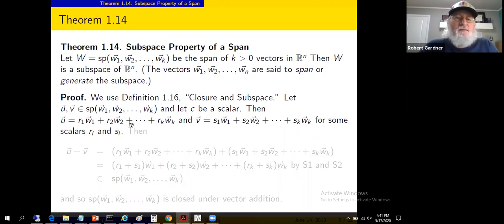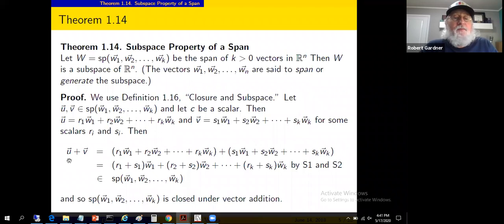Now we need to first add them together and see if it's in the span. How will you be able to tell if it's in the span? Because the sum U plus V will be a linear combination of W1 through W sub k. We know the form of U, we know the form of V. What are we trying to do?